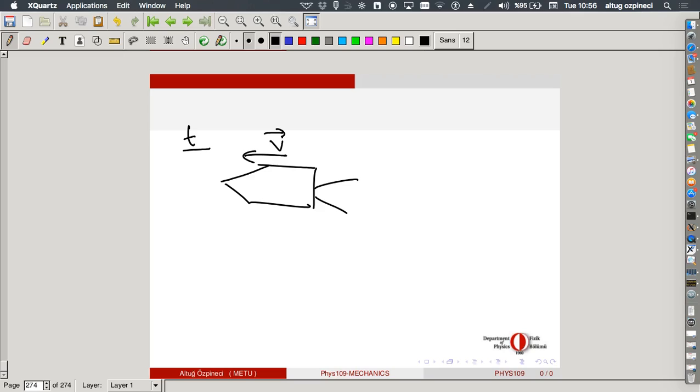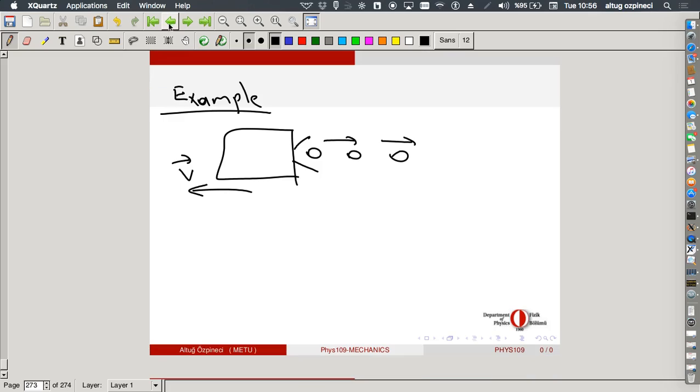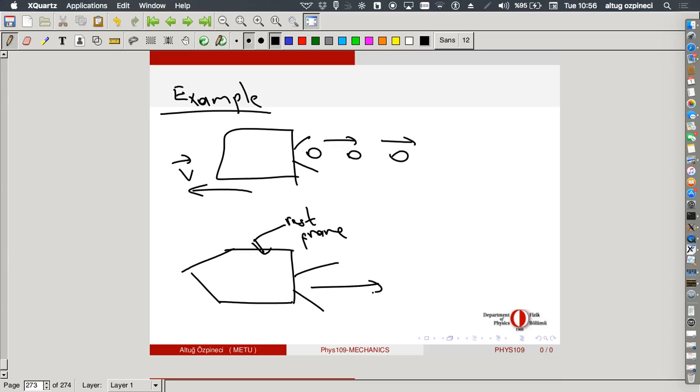And let's assume that in the rest frame of the rocket, if you go back to the example of the cart, the guy is just throwing balls with some constant speed. Let's say that in the rest frame of the rocket, the gas goes back with a velocity u. Or you can say that you are sitting on the rocket.